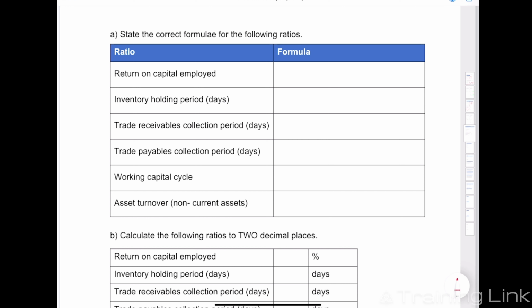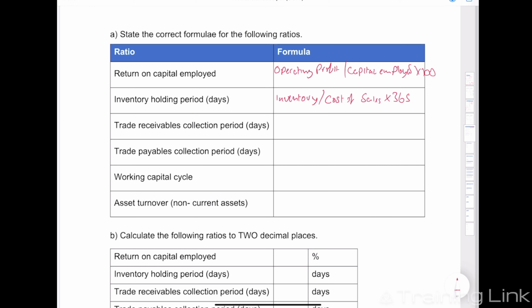For return on capital employed, it will be operating profit over capital employed times 100. Inventory holding days is inventory over cost of sales times 365.